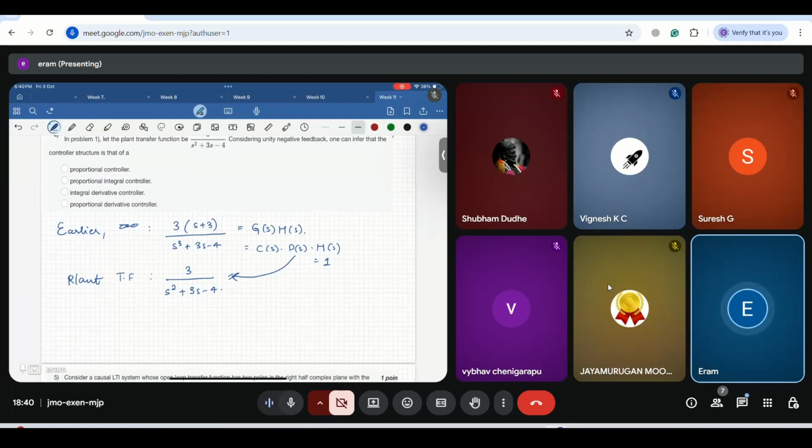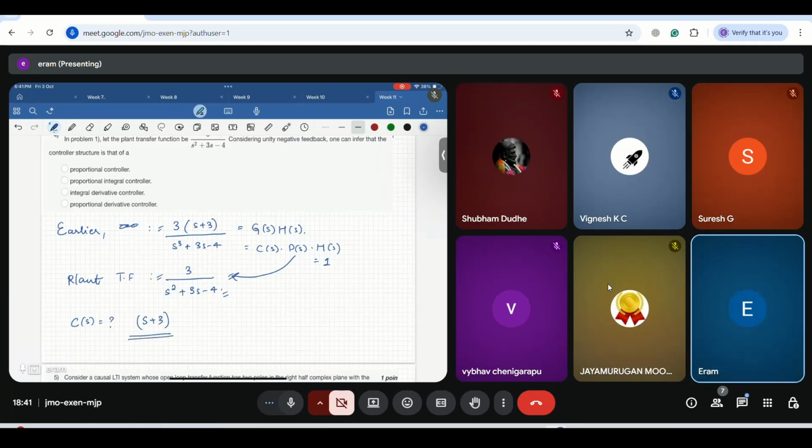Then what is your controller? What is CS? If your PS is this, what can be your CS? The only factor which is extra is S plus 3. If you multiply S plus 3 with this value, you will get this. So your controller is S plus 3.